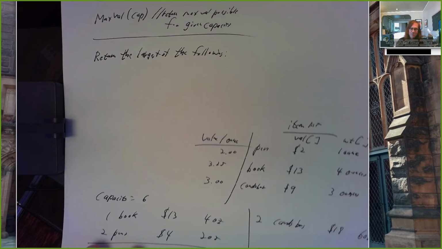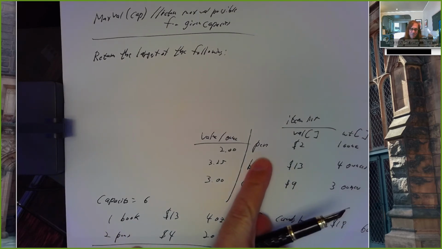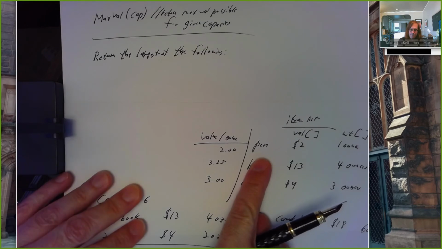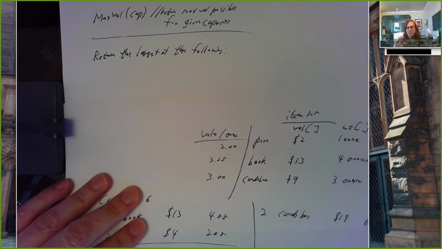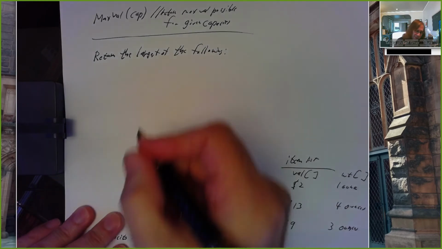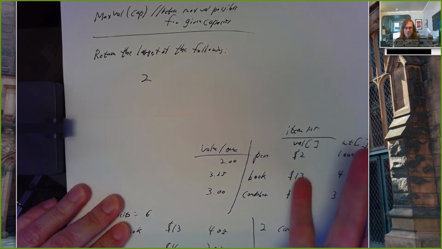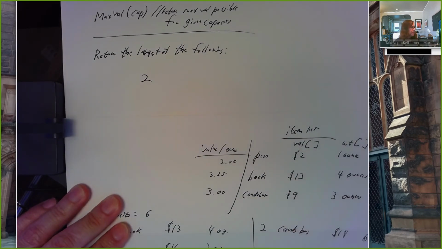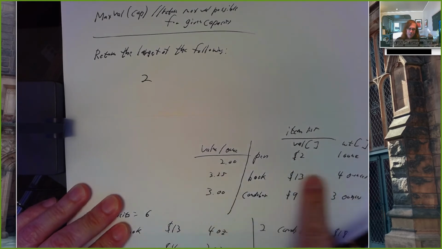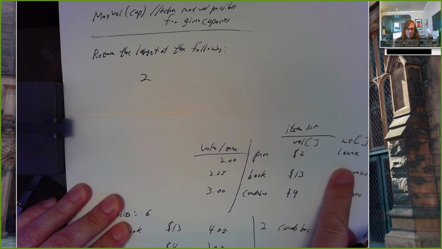Suppose I start by putting a pen into my bag. Okay, 2 things have just happened. Number 1, my bag contains $2 worth of stuff, the value of a pen. Number 2, my bag can now hold 1 ounce less.